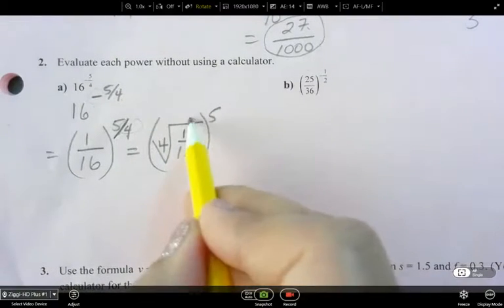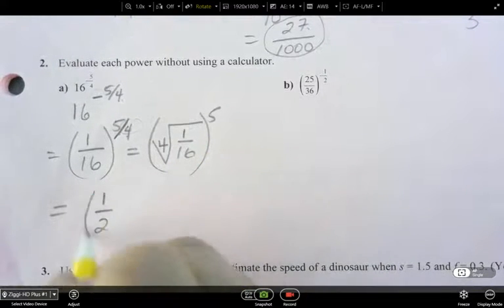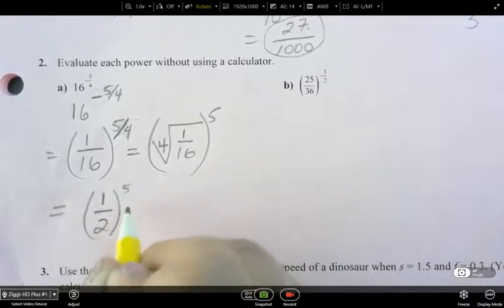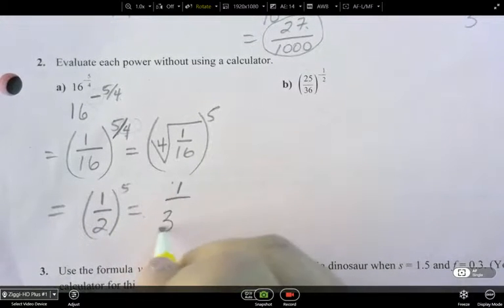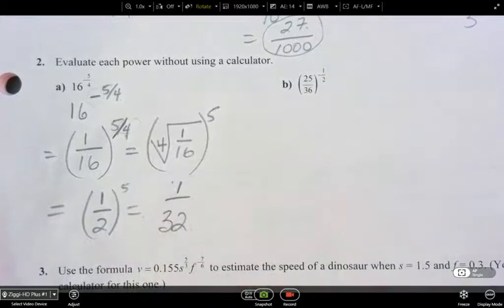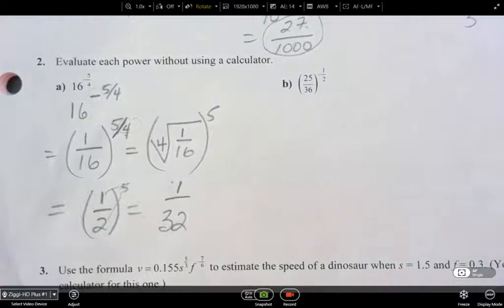So evaluate this. What is it? 1 over 2, and that's to the power of 5. So what do we get then? 1 over 32. So the 5 goes to this, and the 5 goes to that as powers, right? Okay. I can just write that here, just so 1 to the power of 5, and then 2 to the power of 5. And that's how I get this.